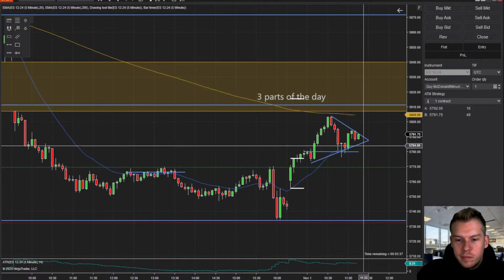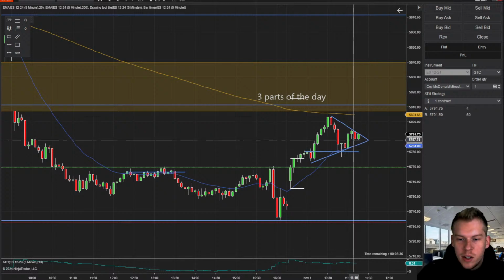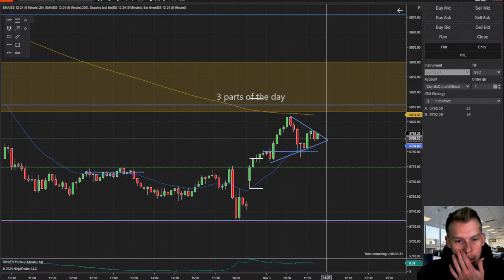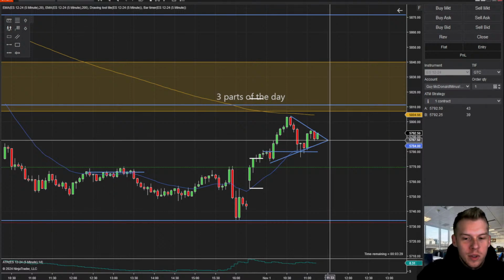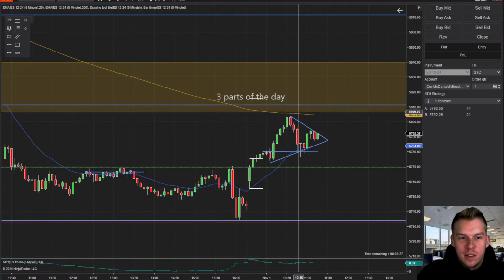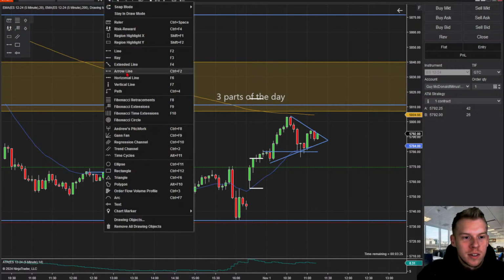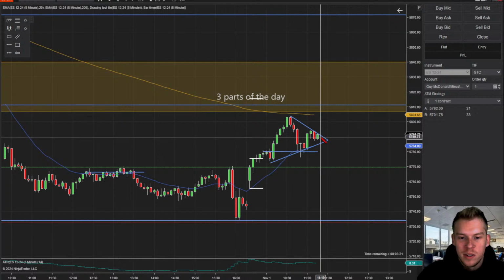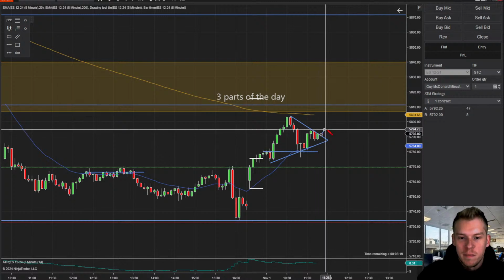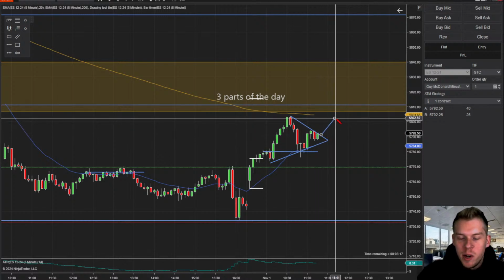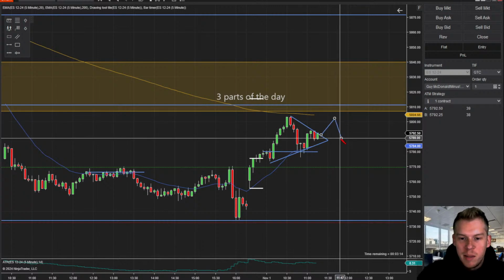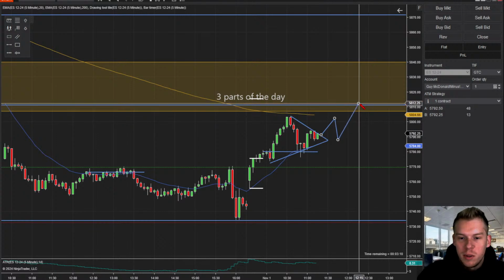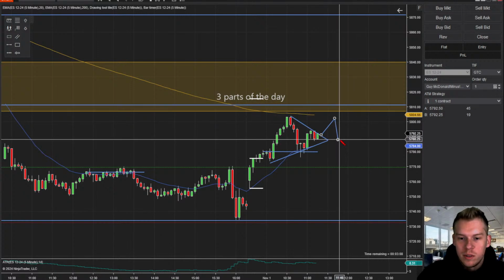It's not too good of a triangle, but typically with triangles, the first breakout that occurs, it will come back to the apex of the triangle before heading somewhere. So let's say we break out above here. The way the triangle should work is that it will test back to the apex of the triangle, and then from there it would head up, or it would test down.